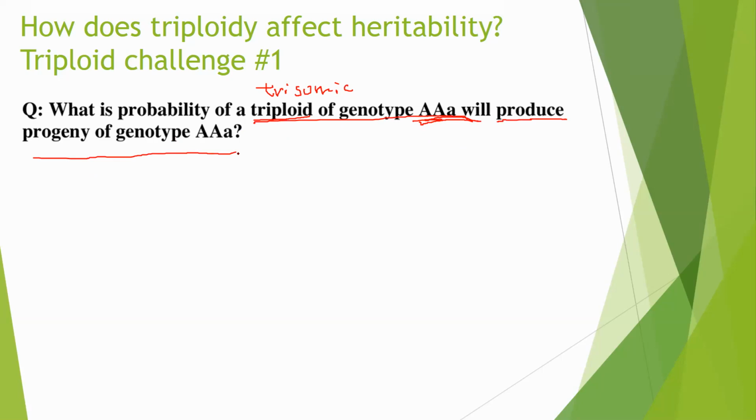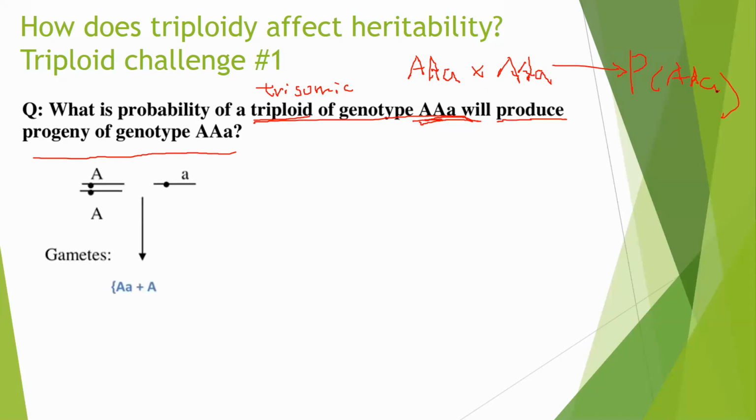That's the question, which means we have 2 parents, and the genotypes of both parents are like this. So if we cross these 2, we're going to calculate the probability that the progeny from this cross will also have this genotype.